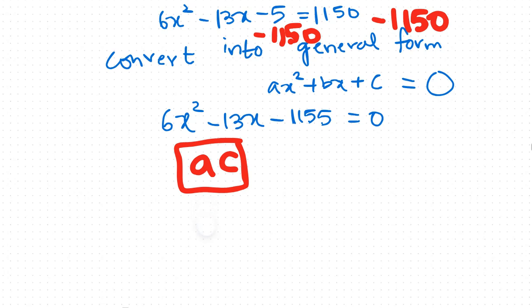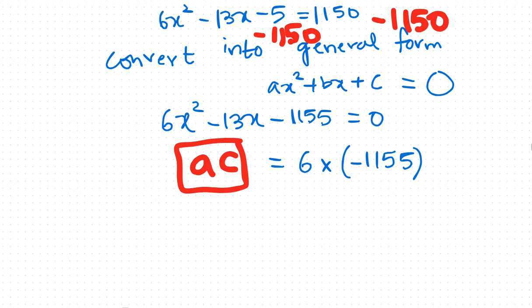A means the number, so 6 times negative 1155. Why do we multiply with this? What is the purpose?